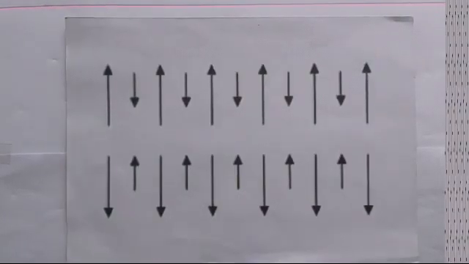This diagram represents ferrimagnetism. It's a type of permanent magnetism that occurs in solids in which the magnetic fields associated with individual atoms spontaneously align themselves, some parallel or in the same direction as in ferromagnetism, and others generally anti-parallel or paired off in opposite directions.